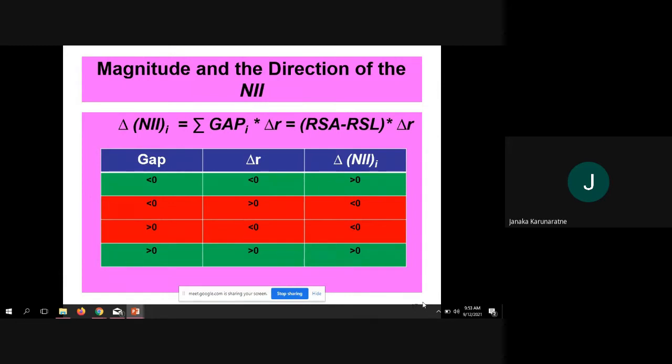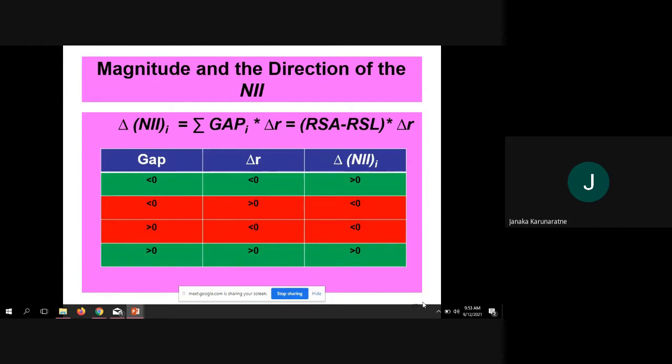So the change in net interest income, where the small i means the period, that is 3 months, 6 months, 1 year, equals the sum of gap i, the cumulative gap during that period, times delta R, which stands for change in interest rate, either positive or negative.